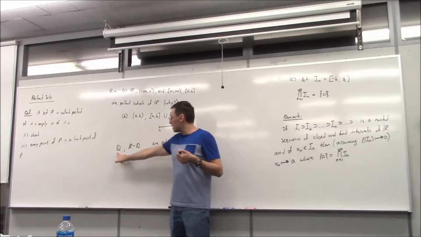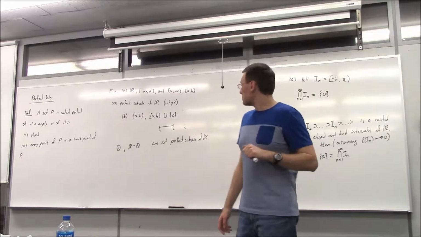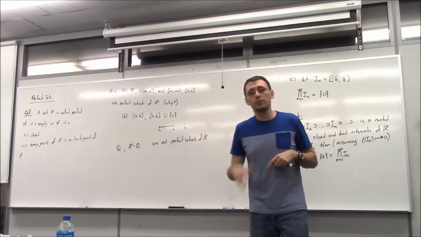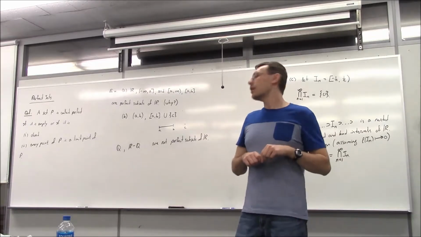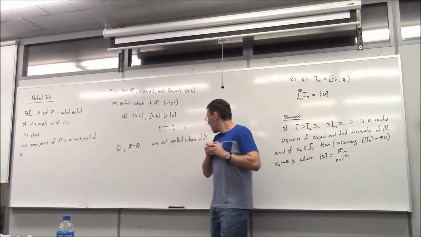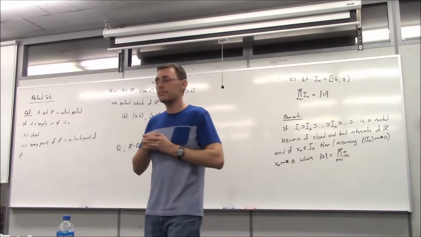What's wrong with Q? And notice I said not a perfect subset of R. All of those are relative to what space you consider. What's the problem with Q? Every point is a limit point?